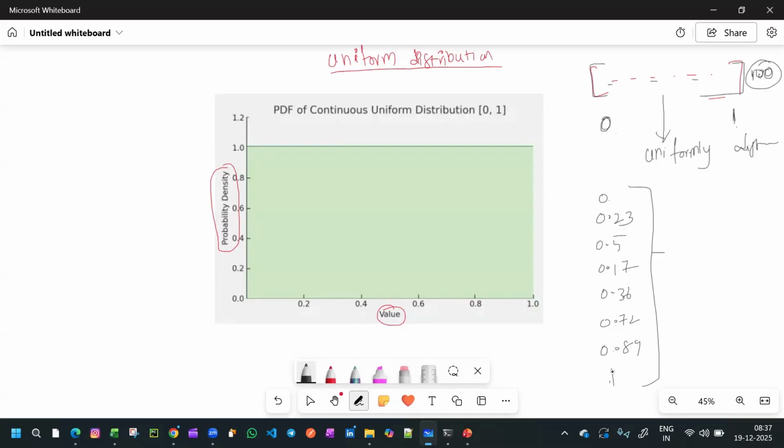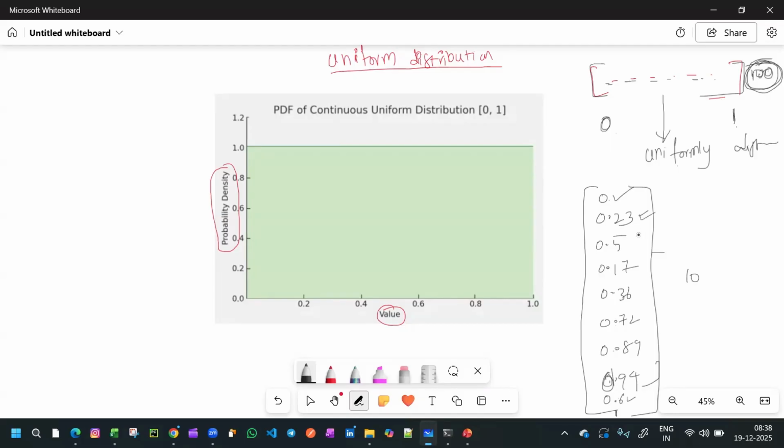Or let's say adding two more values, 0.94 and 0.62, so a total of 10 values. This data set contains 100 elements, and each element is one of these 10 values only. These are the 10 values only, so they are repeated many times. So I can say it is uniformly distributed when these are the unique values present in these 100 elements of the data set.